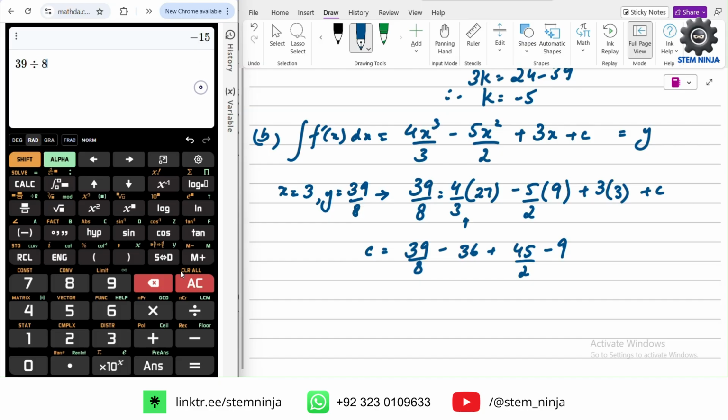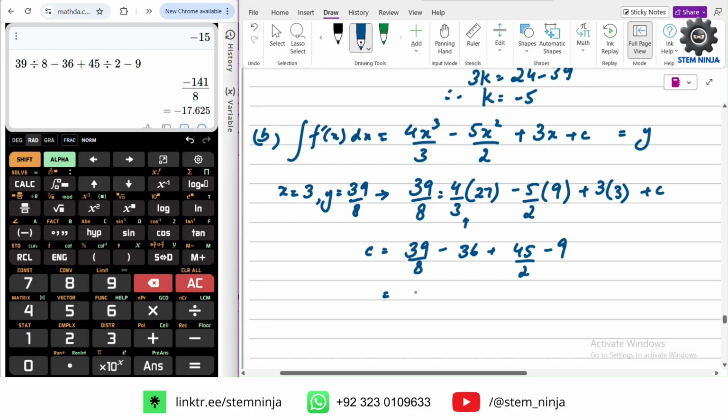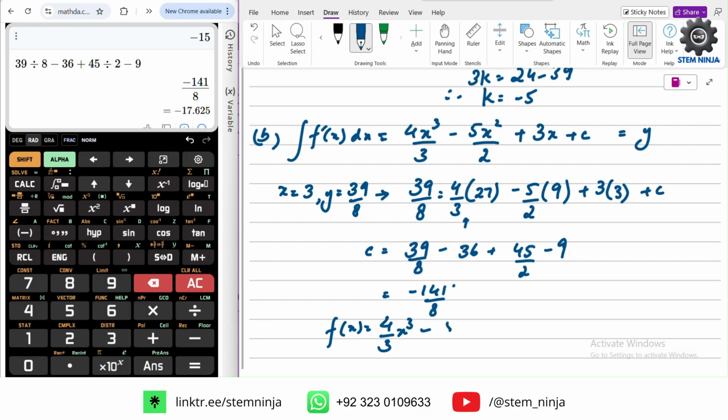Okay, so 39 divided by 8 minus 36 plus 45 divided by 2 minus 9, that is minus 141 over 8. So your y, or f of x, is 4 over 3 x cubed minus 5 over 2 x squared plus 3x minus 141 over 8.